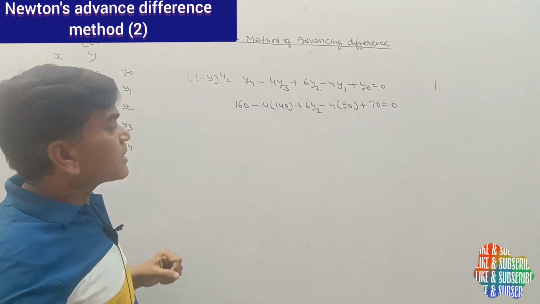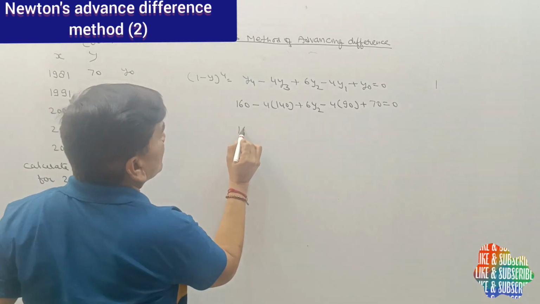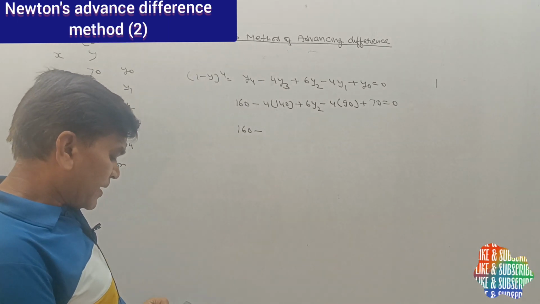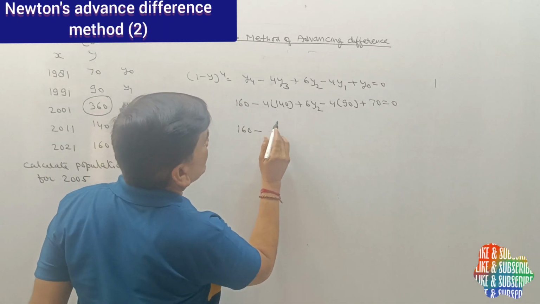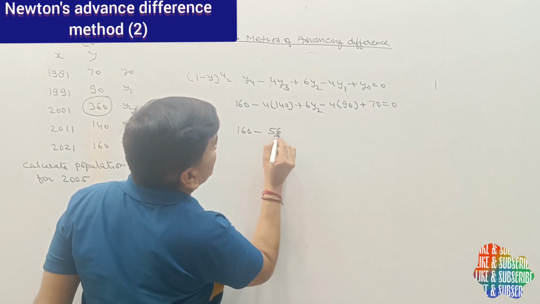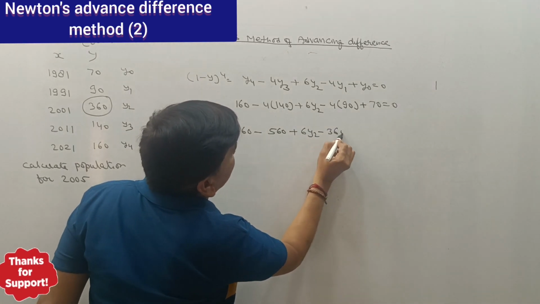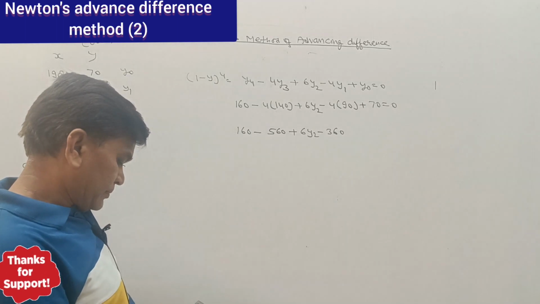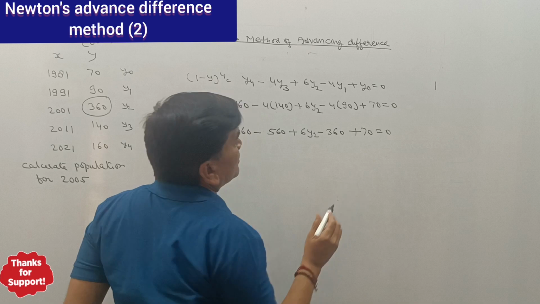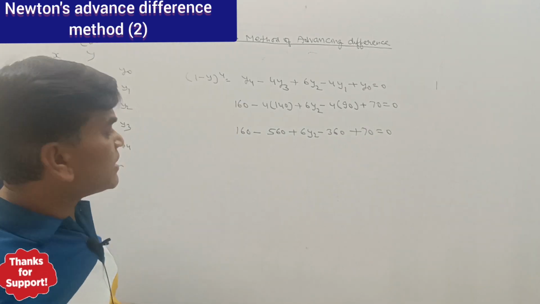First we calculate this. 160 is a plus value. 140 multiplied by 4 is a minus value, that is 560. Then 360 is not used, and plus 70 is a plus value. So the remaining 690 is there.